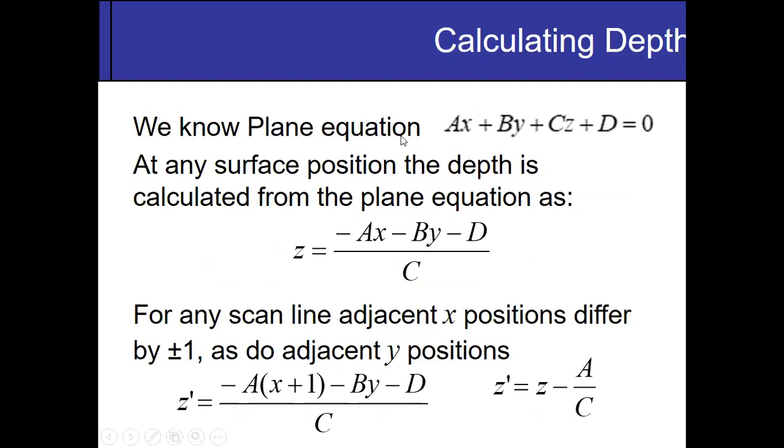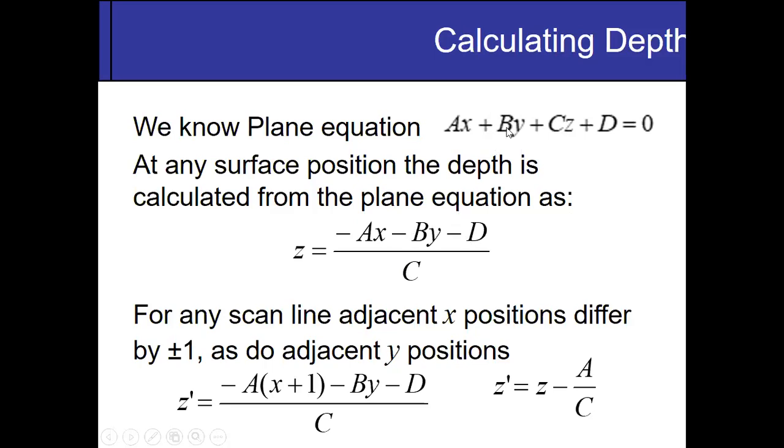We know the plane equation ax plus by plus cz plus d is equal to 0. This we know. At any surface position, since the depth is directly associated with the z value, the z coordinate, take out z from this equation. So put all the other terms on the right side.